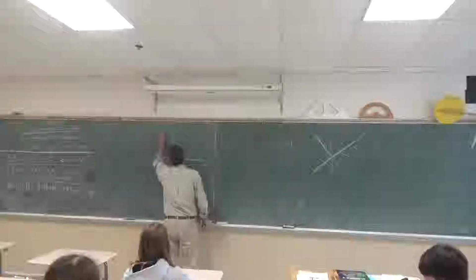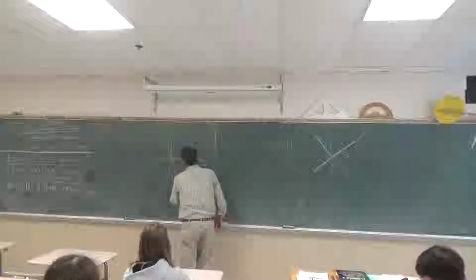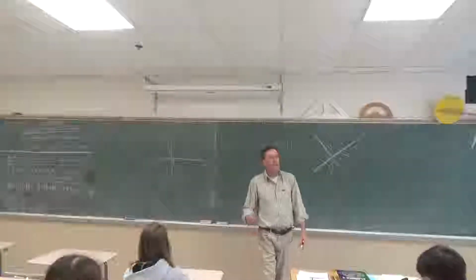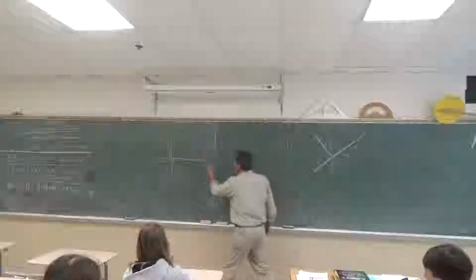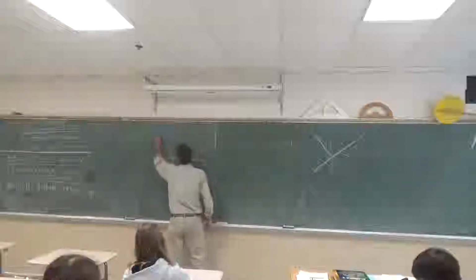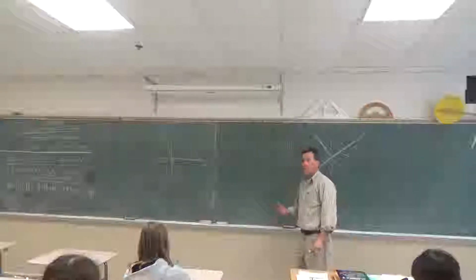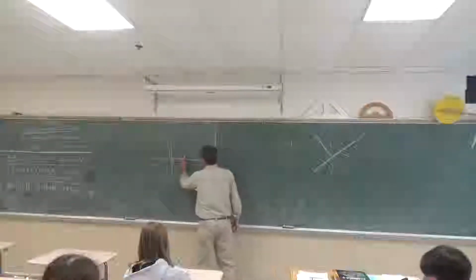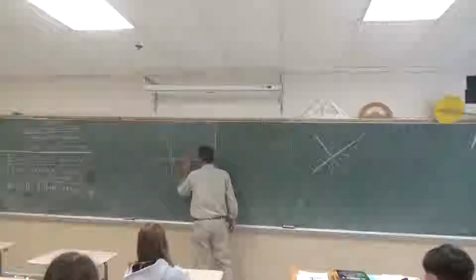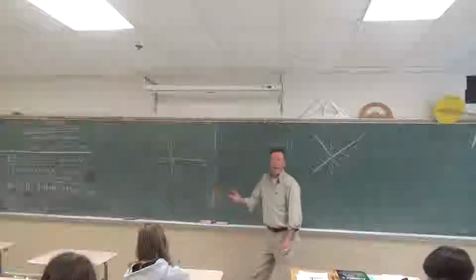That's a good color. Now, these are the rotated axes. They're going to be called the prime axes. This is x prime, and this is y prime. The angle of rotation is going to be phi. Now, you can pick a point anywhere.